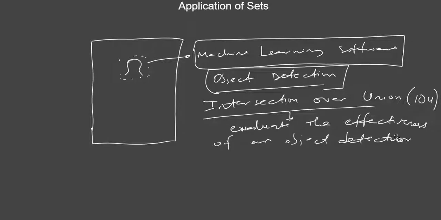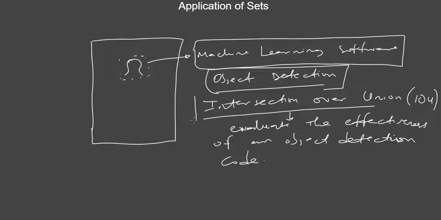Of an object detection code. Now, I'm not going to go into object detection, but I just want to talk about how this IOU works and how it is connected to sets or how it is connected to set theory.